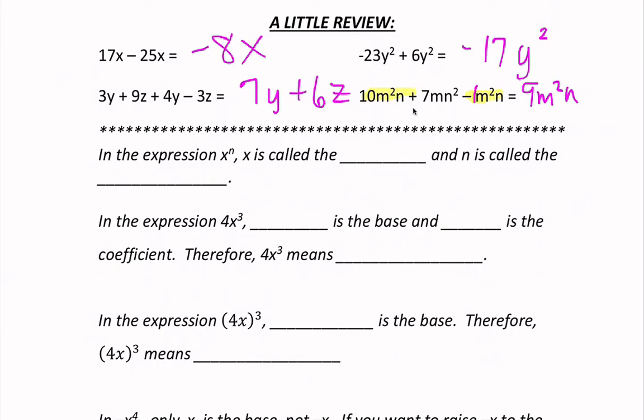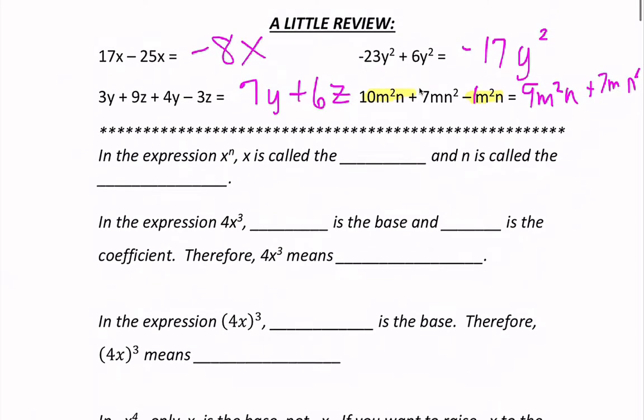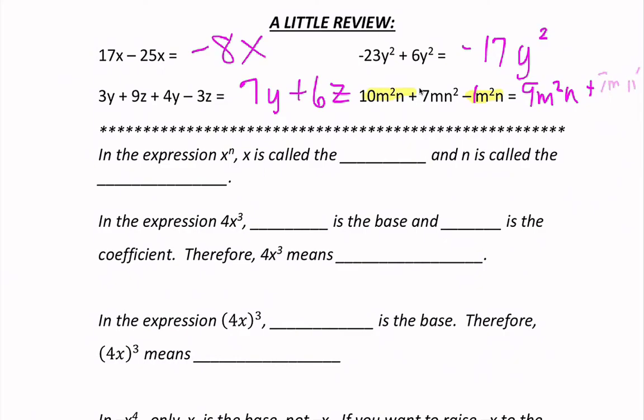And I can't forget about this guy right here. There's nothing else like it, so I'm just going to tag it on. So plus 7mn squared. That's ugly. See if I can write that better.